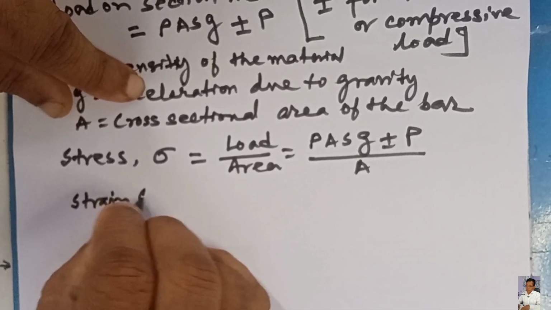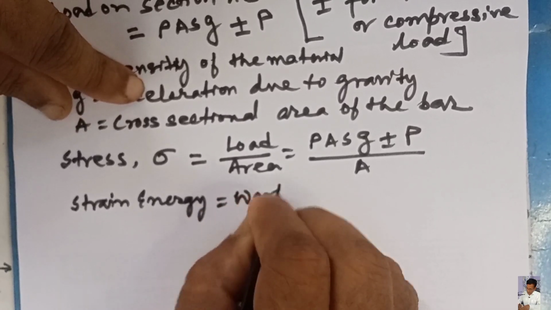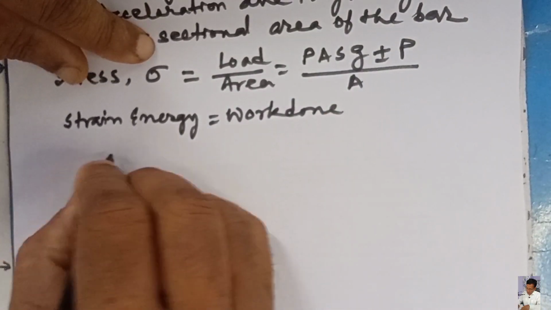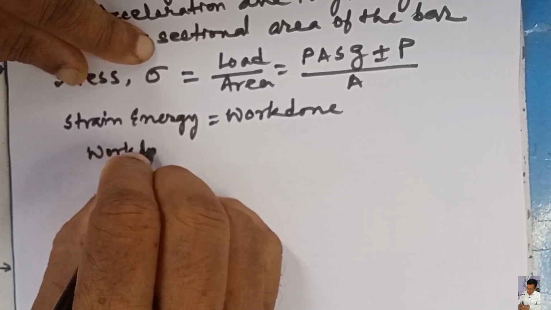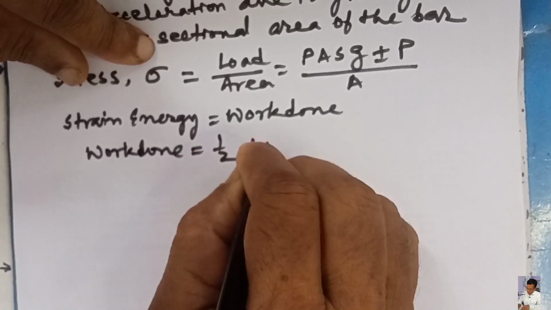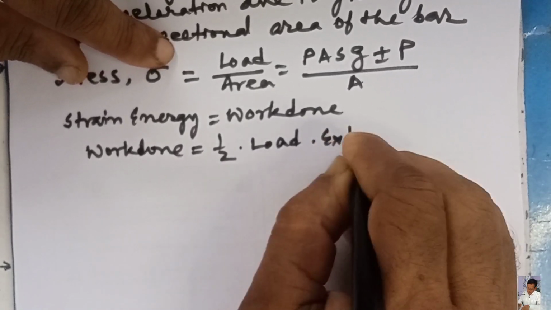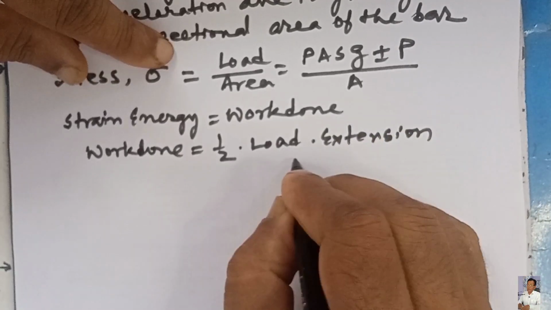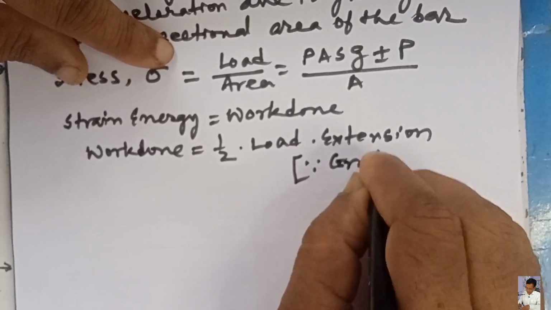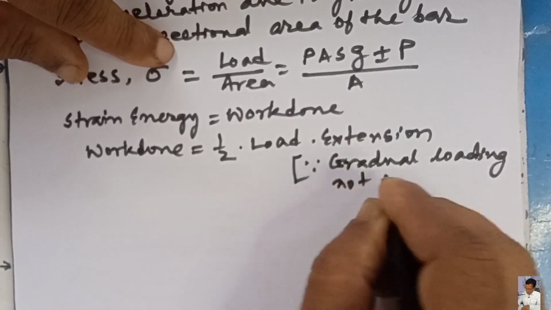Strain energy is equal to work done, which is equal to half into load into extension, since it is gradual loading, not sudden loading.